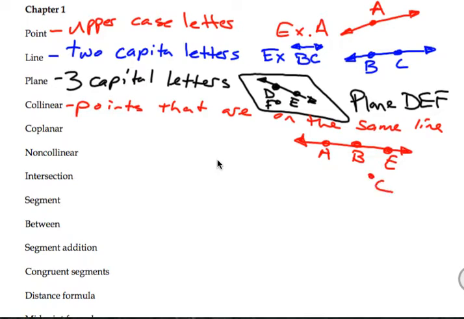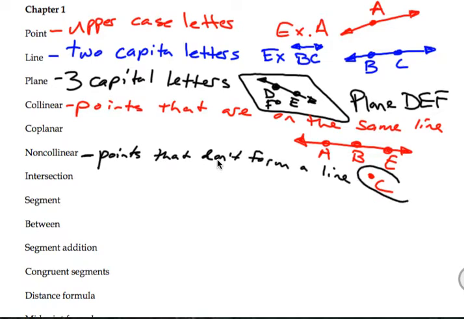But if C was down here, then C is on a different line and not on a line at all, so it is not collinear. Remember, down here, you should see non-collinear. So points that don't form a line. This C is non-collinear.